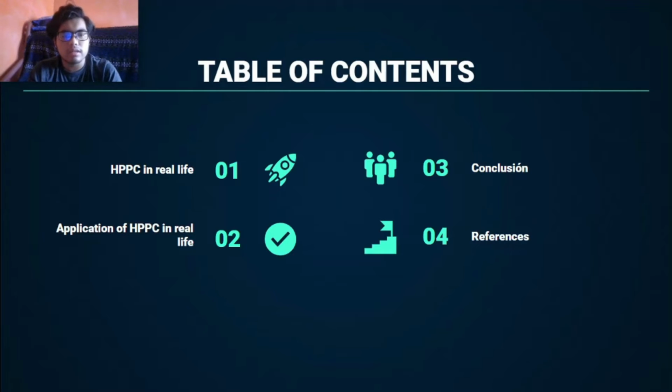The second is the application of HPPC in real life. This section will describe some applications that involve HPPC. Next is the conclusion. We will conclude what we can get through our research. And last but not least is the references, where all the reference materials that we used to make this research successful.